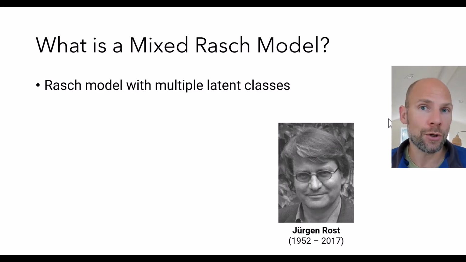And I will show you an example of a test where exactly that is the case later on, and then we will analyze the items of this test with the mixed Rasch model in jamovi.